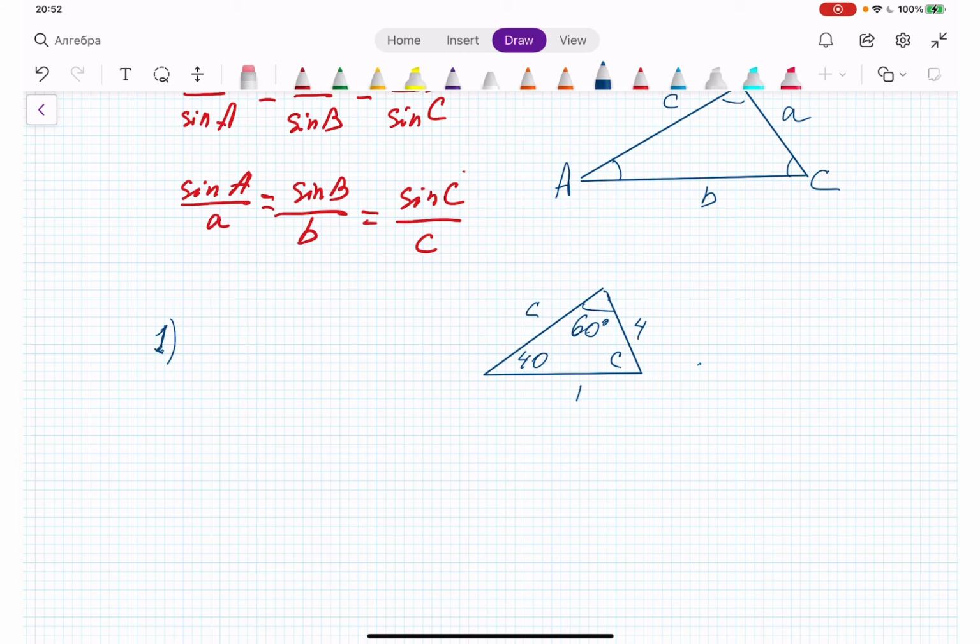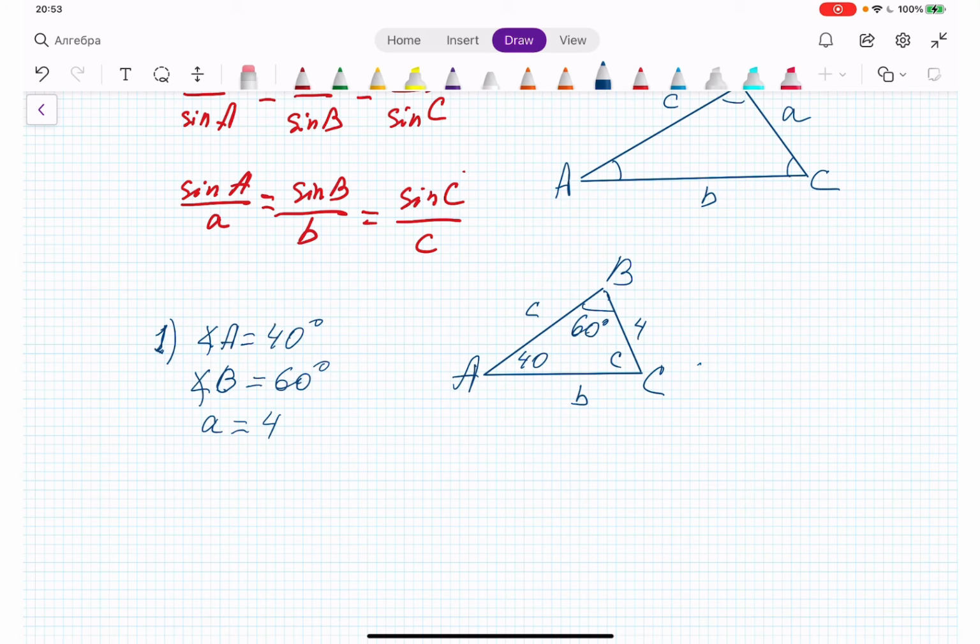And here we have B, which means this is angle B, and this is angle A, and this is angle C. So we have angle A equal to 40 degrees, angle B equal to 60 degrees, and side a equal to 4.